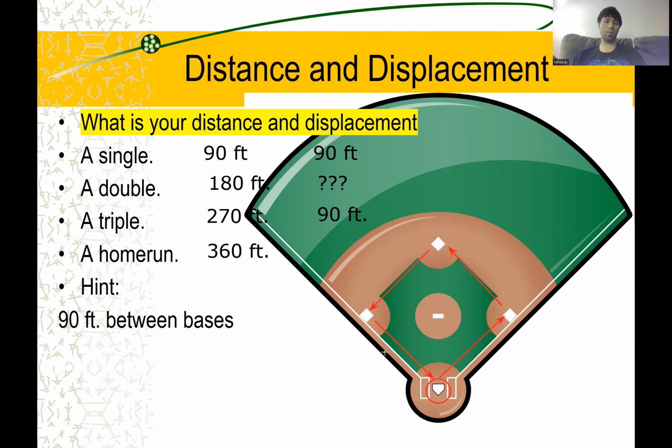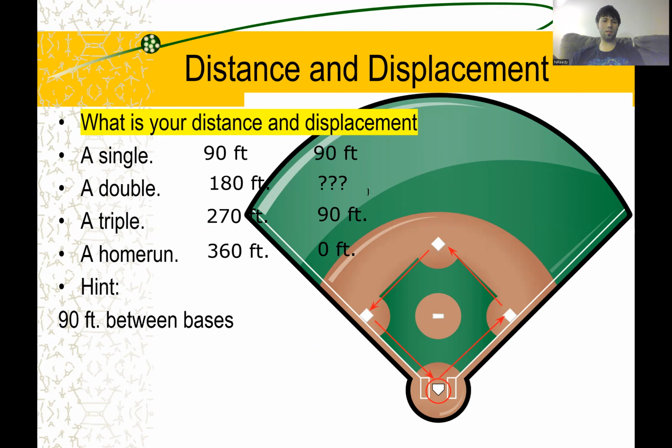I ran around, but I ended up in the same place I started. So my displacement would be 0 feet. All that means is that my ending point and my starting point are the same. When my starting point and ending point are the same, that means I have a 0 displacement.